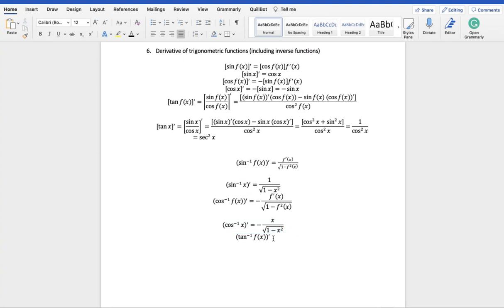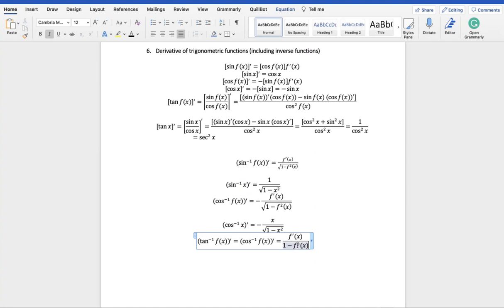So if you're looking at tan inverse now, the rule tells us that that is equal to the derivative of f of x, but now divided by 1 plus f of x squared.